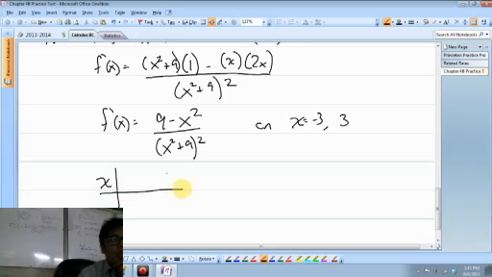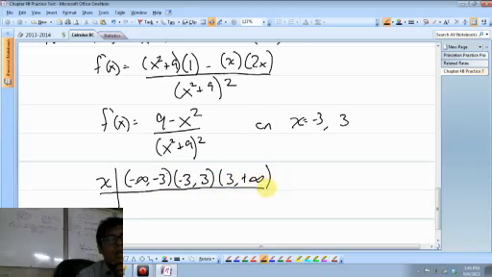Okay. So we're going to do a first derivative test without actually drawing a whole lot of conclusions. Negative infinity to -3, -3 to +3, 3 to positive infinity. And we're going to examine the derivative in each of these. Let's try negative 1,000. 9 minus negative 1,000 squared is 9 minus a really big number.